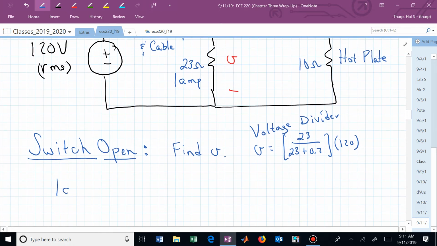Here we have the lamp in series with the power strip.